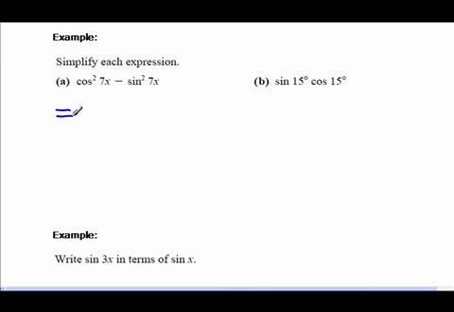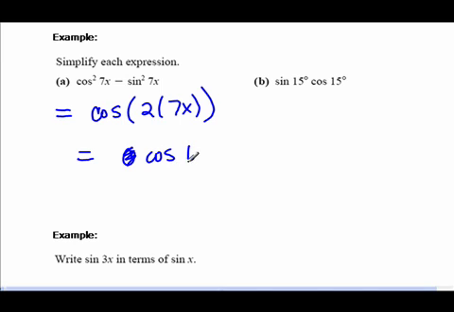So this would equal the cosine of 2 theta. Cosine squared alpha minus sine squared alpha is cosine 2 alpha. So all we have to do here is multiply 2 times 7x, and this is the same thing as the cosine of 14x, is what they're after there.